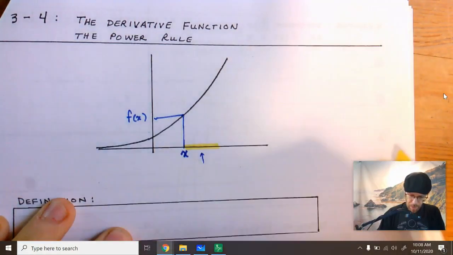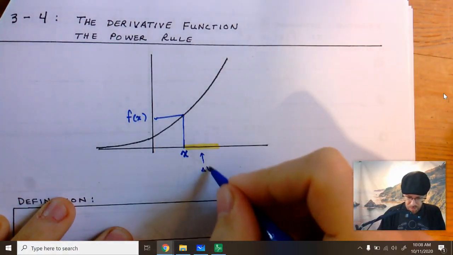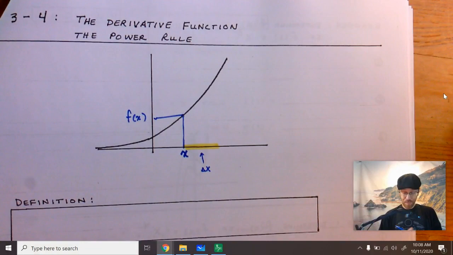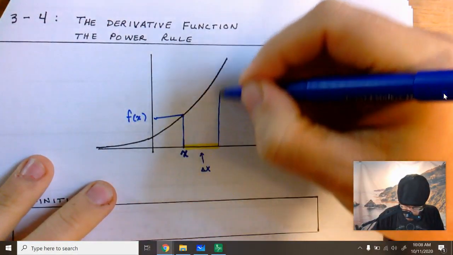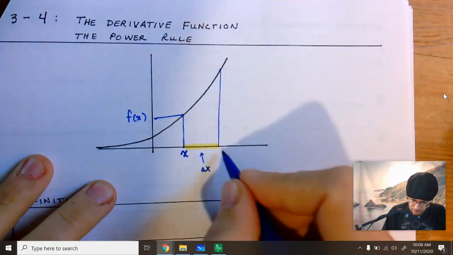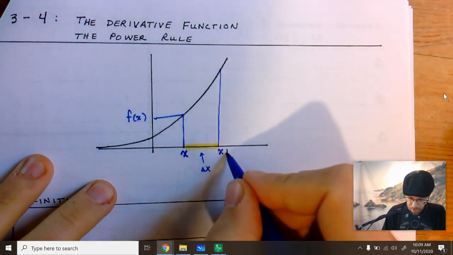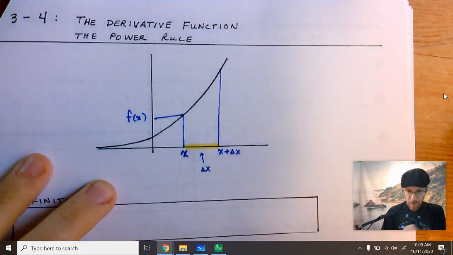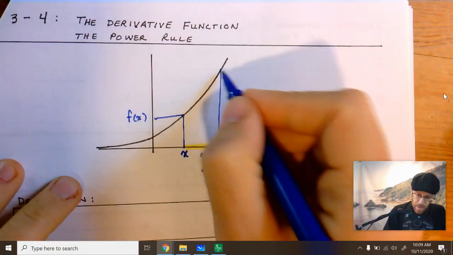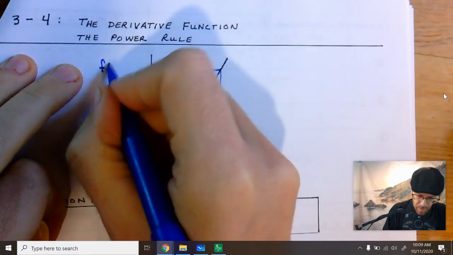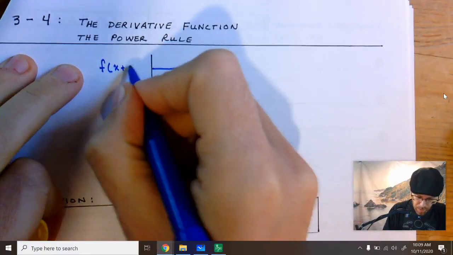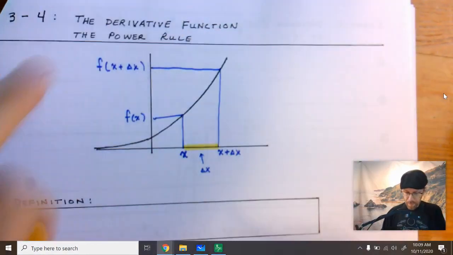Let's suppose the amount that we change it by is, I don't know, the change in x. Well, if that's the change in x, then this point right here would be x plus a little bit more. And then over here, this would be f of x plus a little bit more.